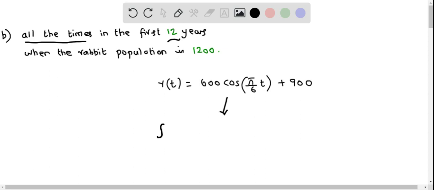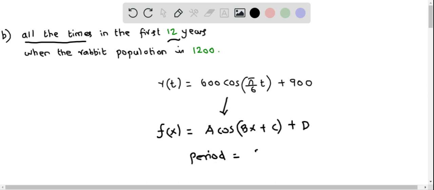That is, suppose we can write this cosine function as f of x equals a times cosine of bx plus c, plus d, where the period is given by this formula. Period equals 2 pi over b.